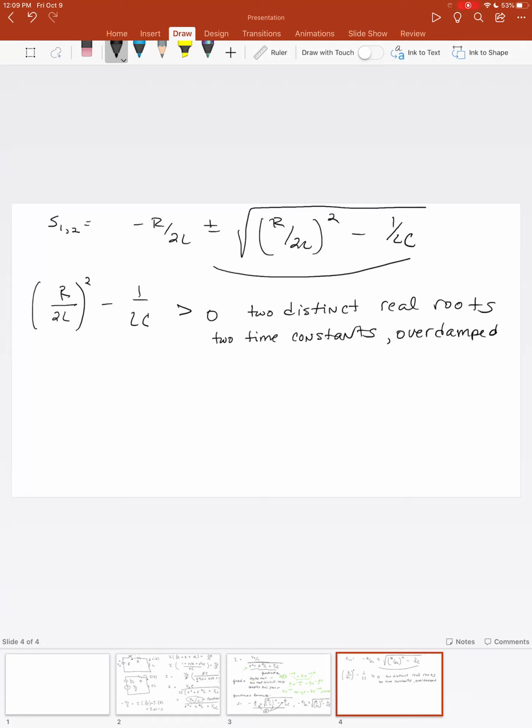What it looks like is i starts at 0, because it has to be 0, since the current through an inductor can't change instantaneously. It comes up and then it slowly decays in time. Okay, so that's option 1, overdamped.